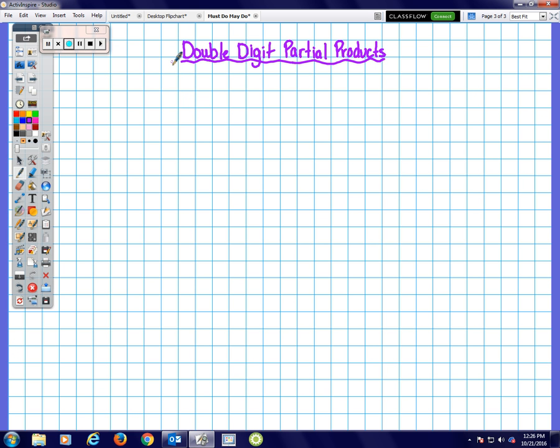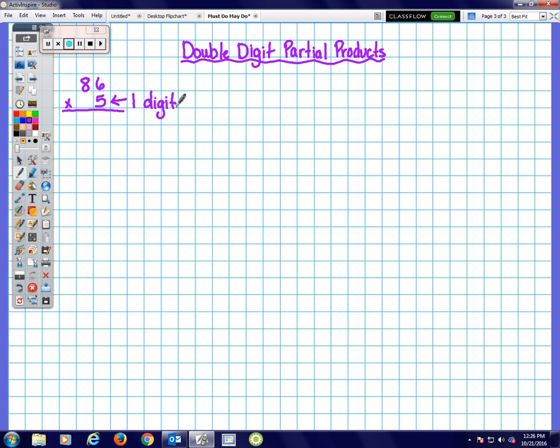And when I say single digit, double digit, triple digit, what I'm meaning is that one of the numbers that you're multiplying by is 2 digits. So for example, if I took 86 times 5, I'm multiplying it by 1 digit. So this is a 1 digit multiplication problem.